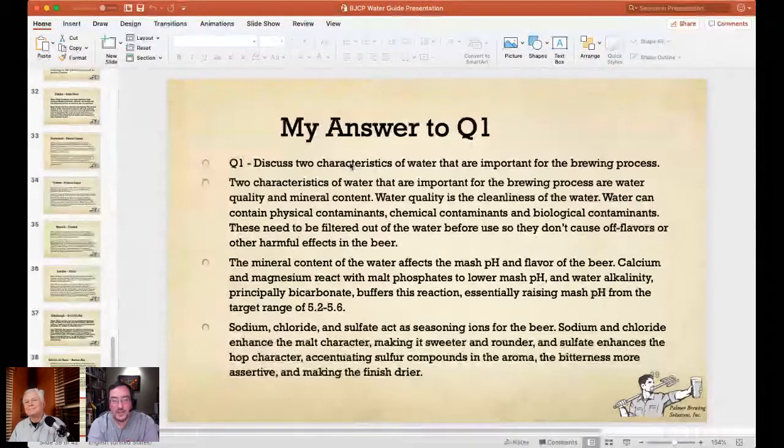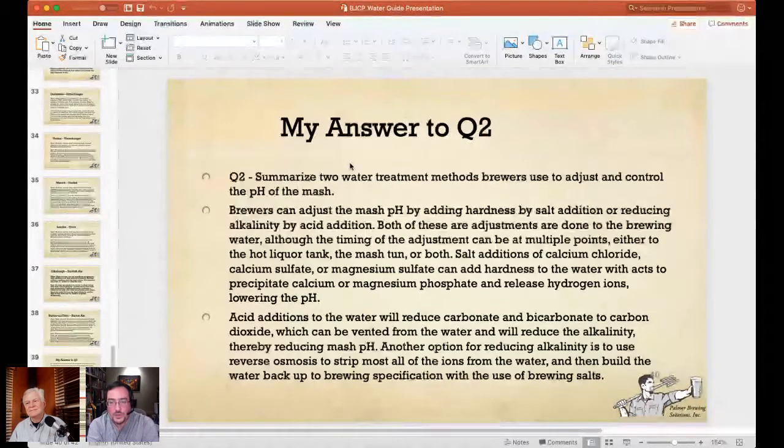Question 2, run out of time. Summarize 2 water treatment methods brewers use to adjust and control the pH of the mash. Brewers can adjust the mash pH by adding hardness by salt addition or reducing alkalinity by acid addition. Both of these adjustments are done to the brewing water, although the timing of the adjustment can be at multiple points, either to the hot liquor tank, the mash tun, or both. Salt additions of calcium chloride, calcium sulfate, or magnesium sulfate can add hardness to the water, which acts to precipitate calcium or magnesium phosphate and release hydrogen ions, lowering the pH.